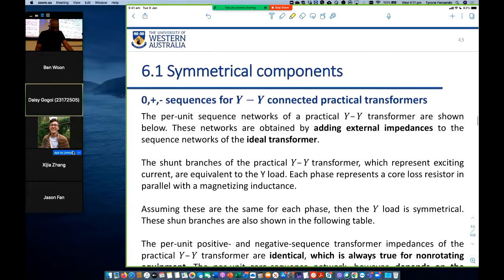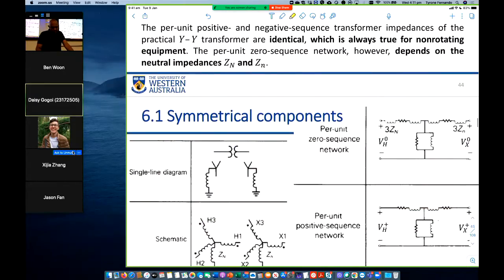Right. So here we are looking at a non-ideal transformer. You have the Y on the primary and Y on the secondary. The neutral points of both primary and secondary are grounded. So what you see here is the zero sequence: 3 times Zn appears there, 3 times Zn appears there for the secondary, and everything in C that you see here is just the equivalent circuit of the transformer.